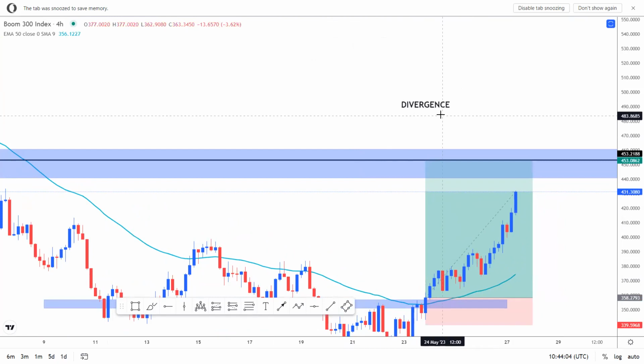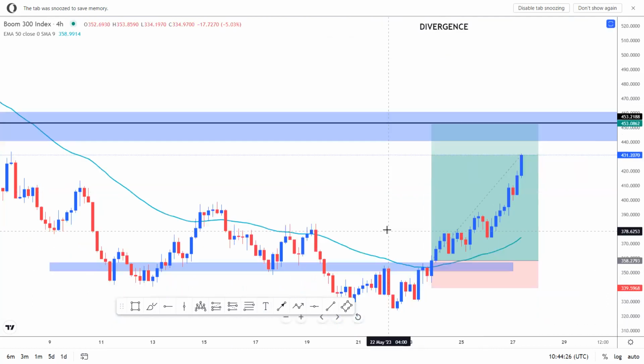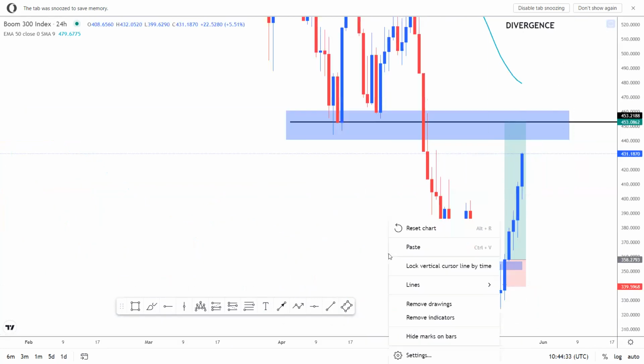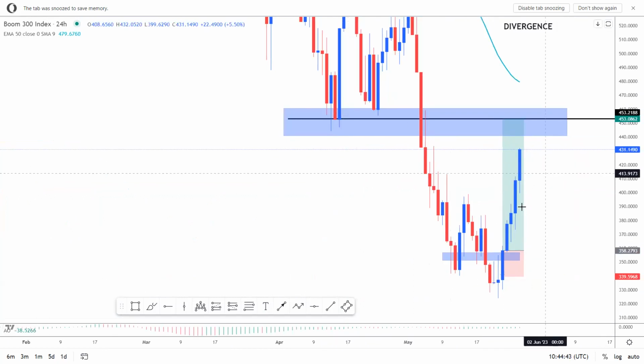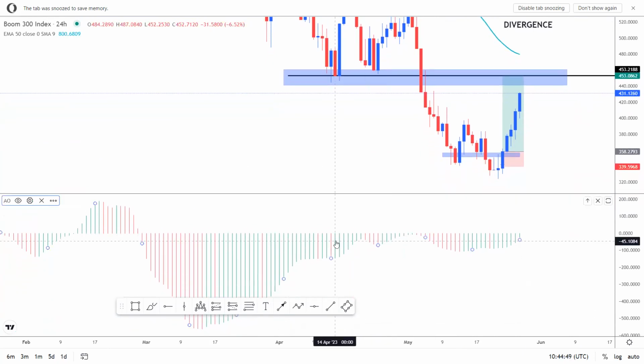And personally, I make use of the awesome oscillator indicator for identifying divergence. The awesome oscillator indicator.